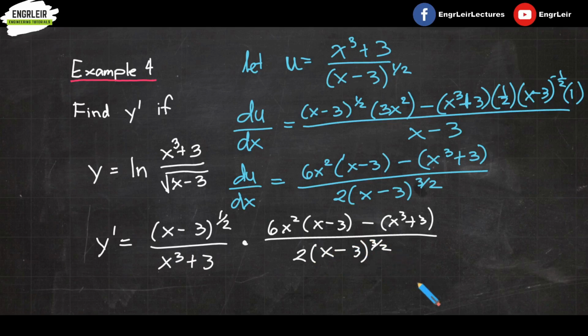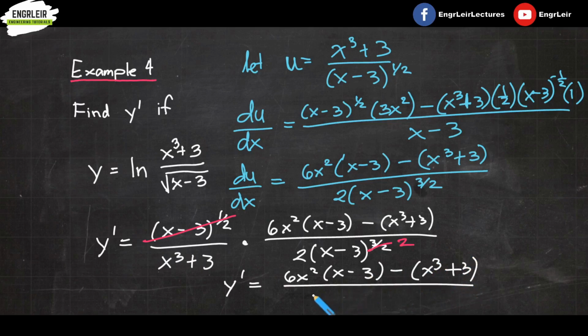Okay, now, of course, you can cancel yung 1 half para makacancel tong x minus 3 raised to 1 half. So, ito magiging x minus 3 squared na lang. So, finally, we can rewrite this as y prime is equal to 6x squared times x minus 3 minus x cubed plus 3 all over twice ng x cubed plus 3 times x minus 3 squared.